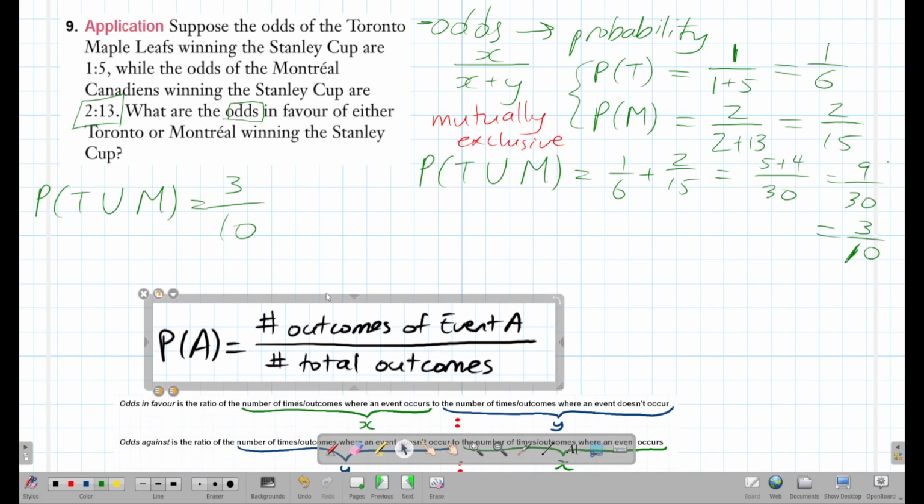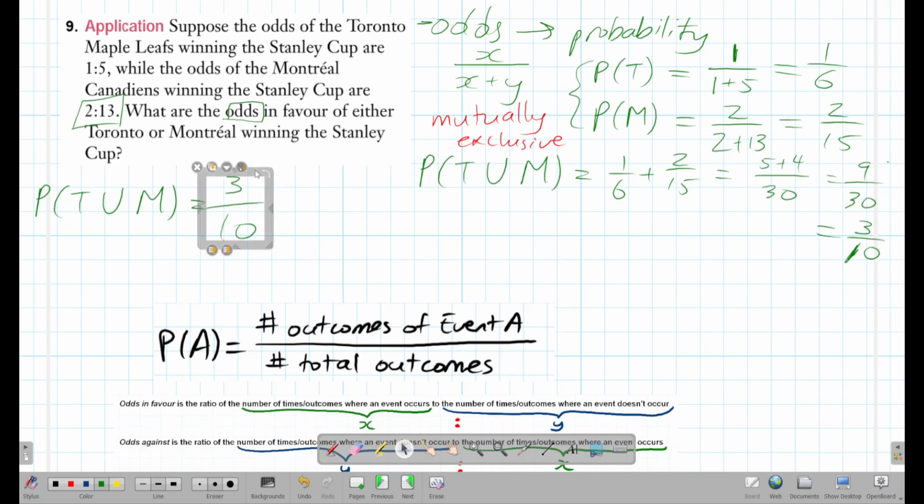It's just saying it's the number of outcomes of a certain event divided by the number of total outcomes. So we know that there are 3 scenarios where either the Leafs or the Montreal Canadiens win, and 10 outcomes in total.